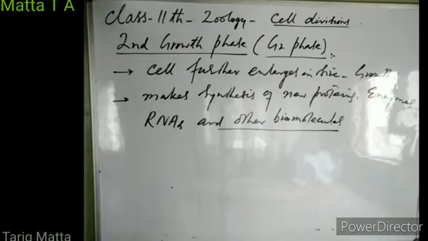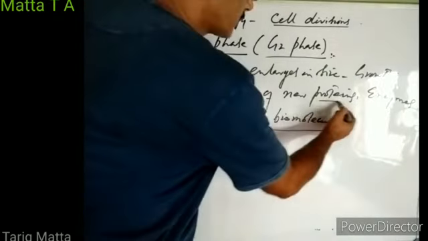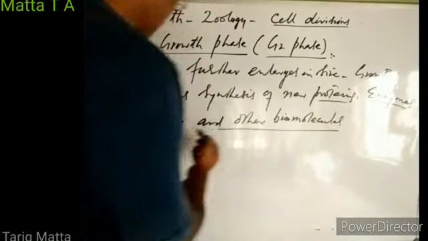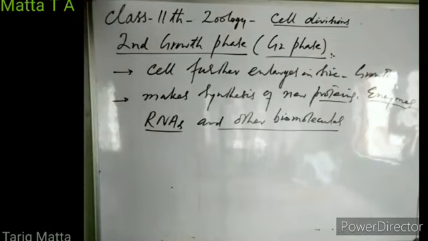So in the second growth phase, the cell further enlarges in size. It carries out the synthesis of all the materials which will be required in the M phase of the cell division, in the mitotic or meiotic phase of the cell division. So the cell ensures that it has all necessary proteins, all necessary enzymes, all RNAs, right?